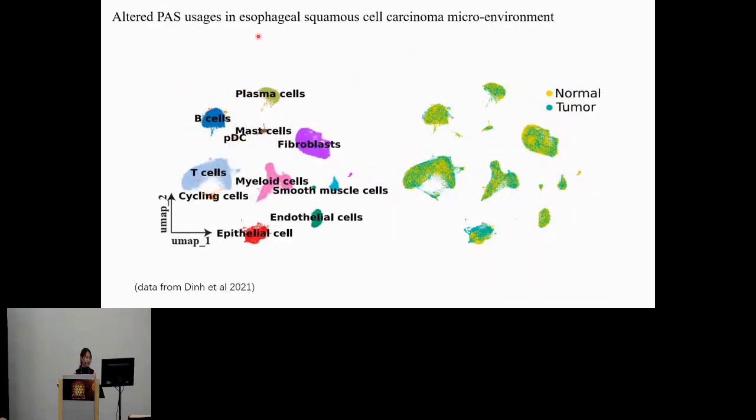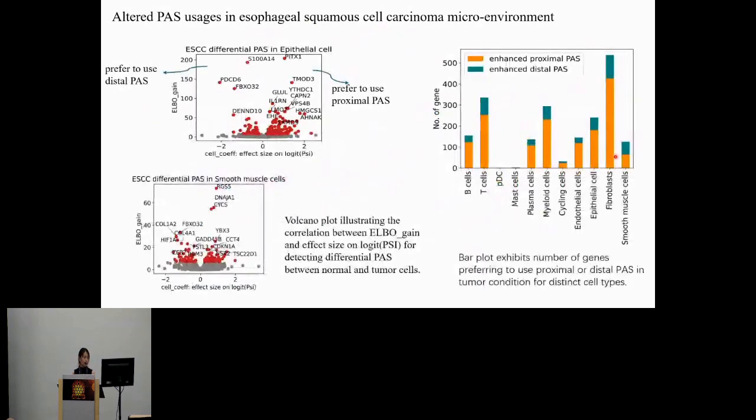The second dataset is an esophageal squamous cell carcinoma dataset. It includes immune cells and also epithelial cells, and two conditions, normal and tumor. We first use scTail to detect the polyadenylation sites, and then scDaPars was used to detect the significant genes which have alternative polyadenylation site usage between the normal and tumor conditions.